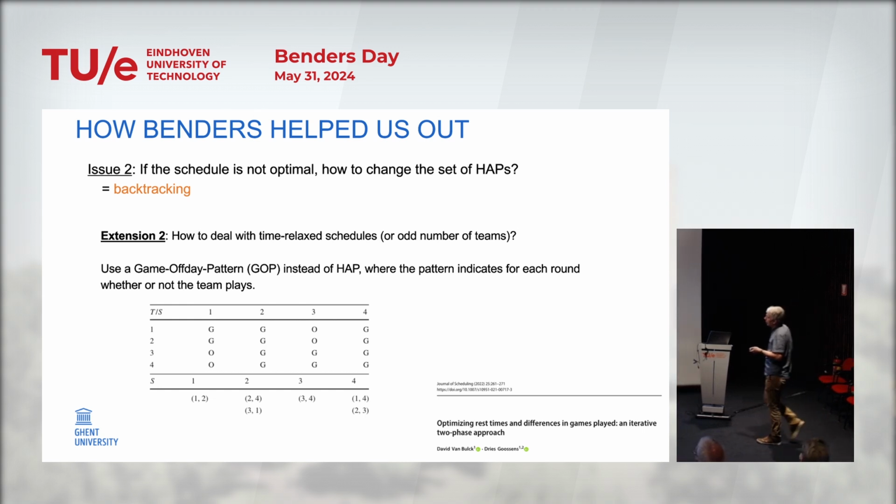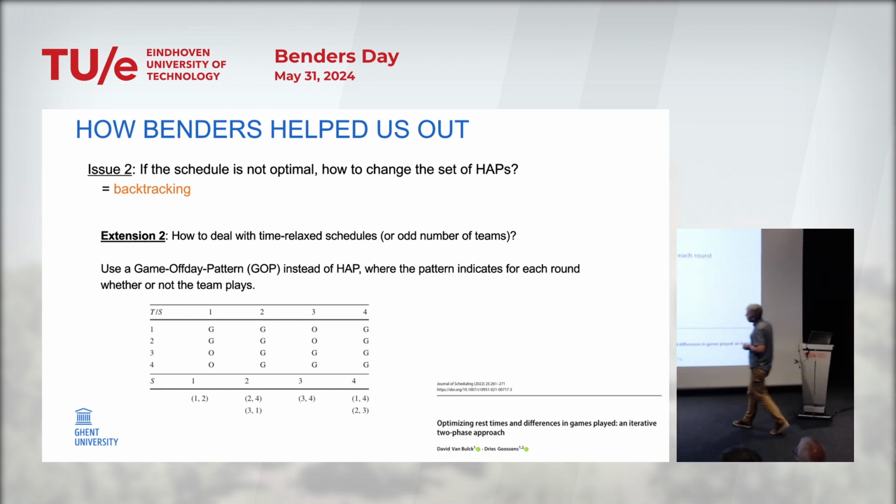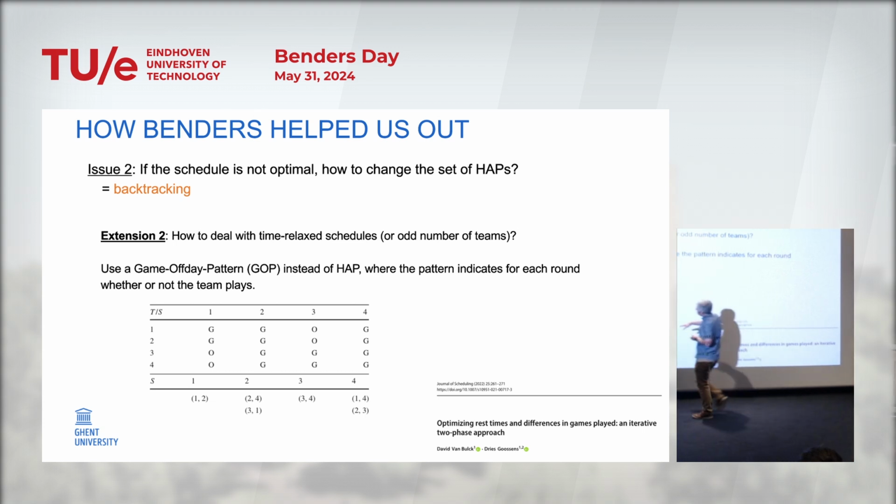That's a GOP pattern. So here you see a pattern for team 1, which has a game in the first round, another game in the second round, doesn't play in the third round, and has a game in the fourth round. And this is a possible schedule. There are multiple possible schedules corresponding with this set.